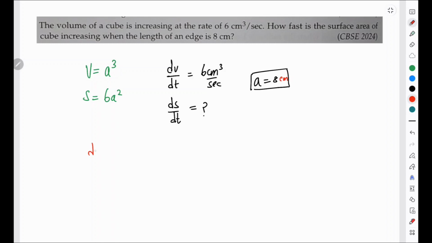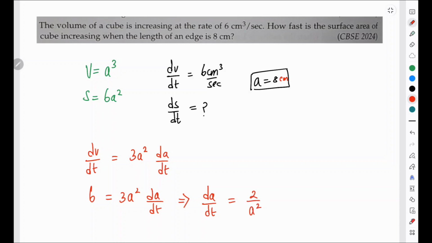Now let us differentiate. dV by dt is equal to 3a square da by dt, right? And they have provided 6 over here, so 6 is equal to 3a square da by dt. So what is da by dt? da by dt is nothing but 2 by a square. Okay, finally we will substitute what is a. Now what is S?